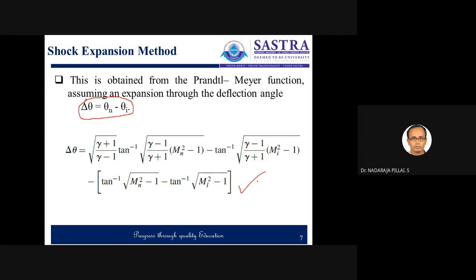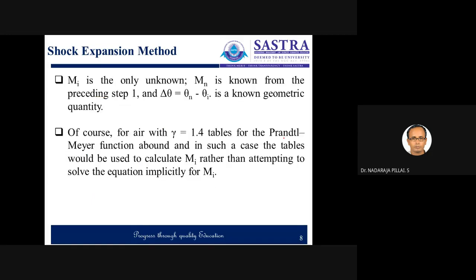We can calculate, in this case, you know Mn, right? So the only unknown is Mi, correct? Mn is known from step 1, based on the oblique shock relation, and del theta is known.